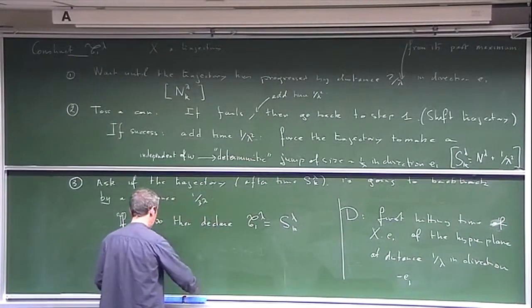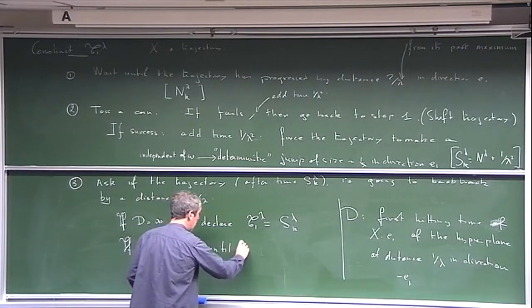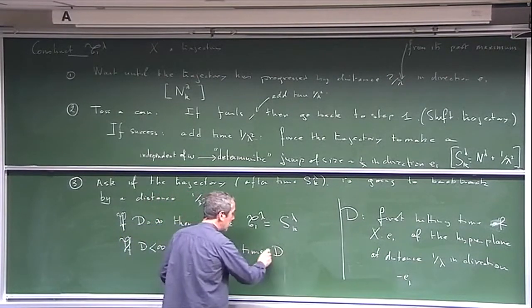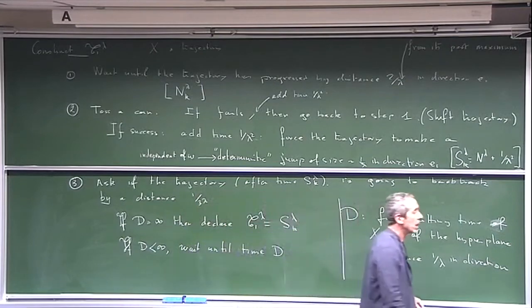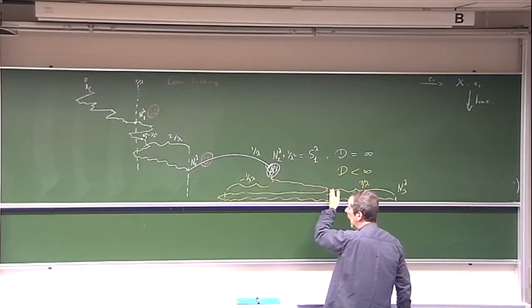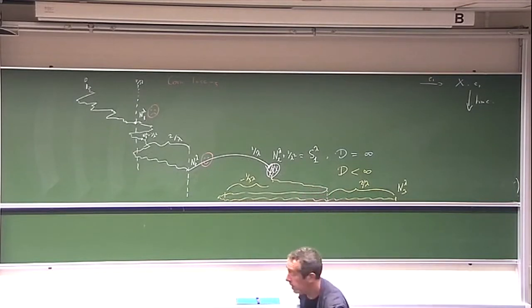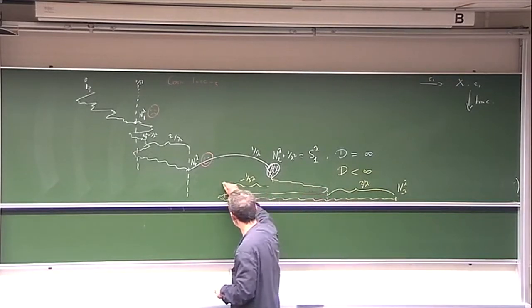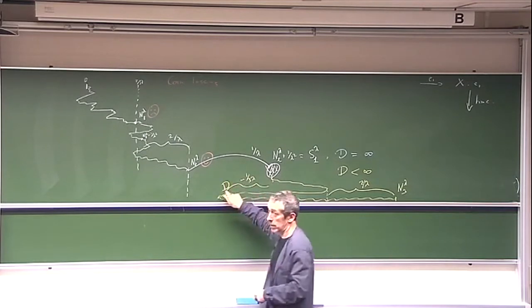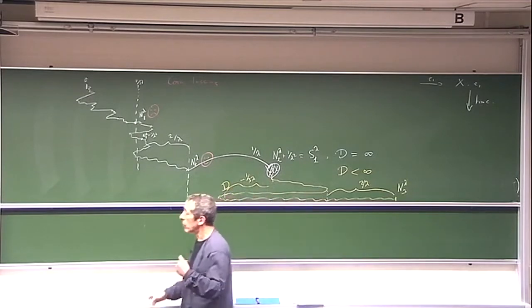So when D is finite, you wait until time D. And before time D, the diffusion is going to do something, like maybe it will go further to the right, most probably it will. And then at some point it will backtrack. So this is time D. That is the time here, where you backtrack, but this is time D computed for the trajectory in yellow. Then you look, and then you go to step 1.